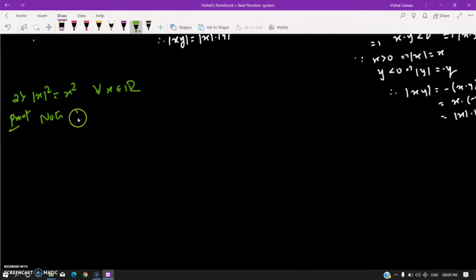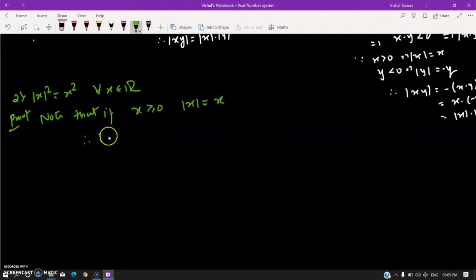Note that, let's look at the cases here also. If x is bigger than or equal to 0, mod x is same as x, right?